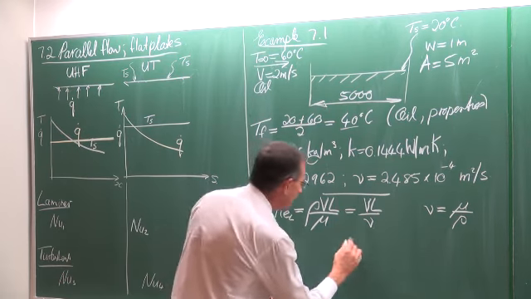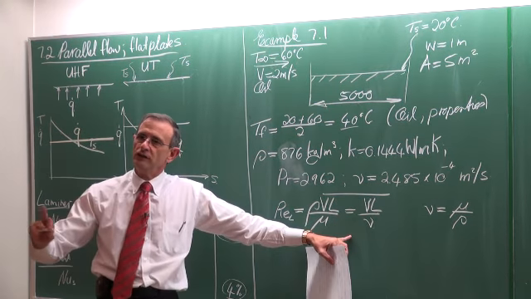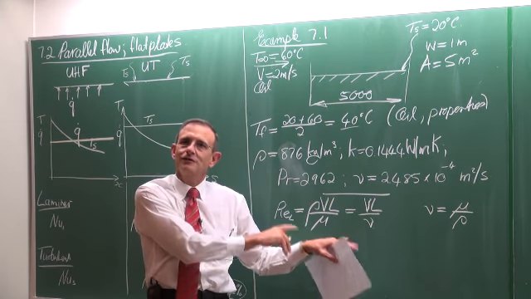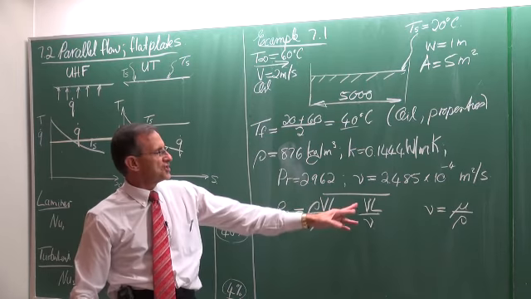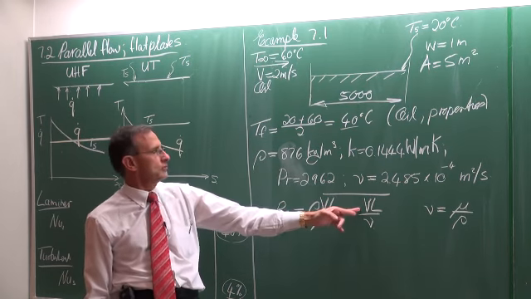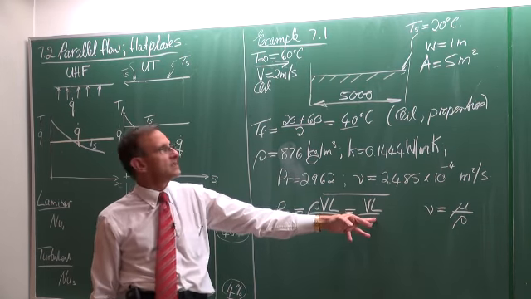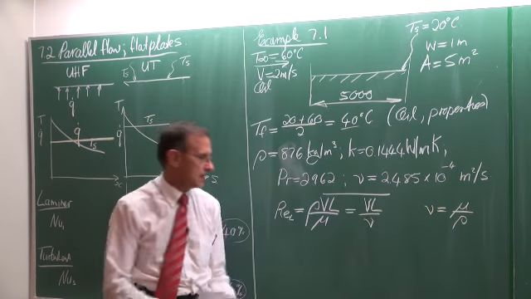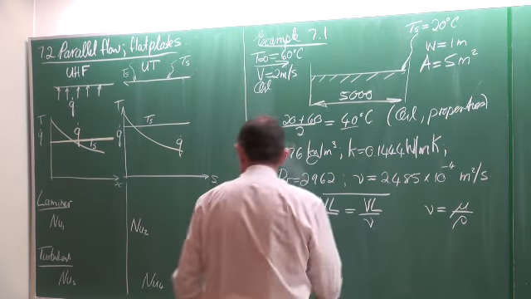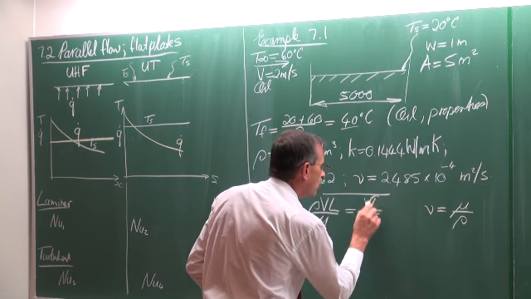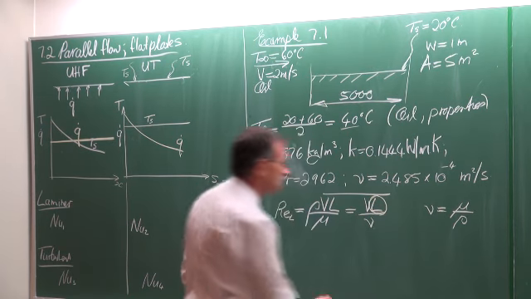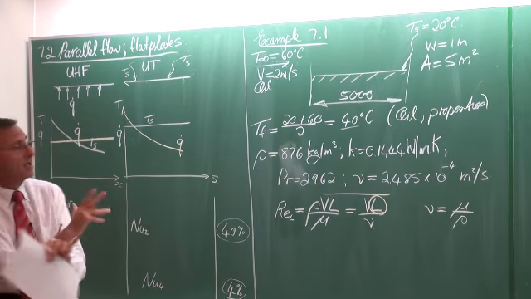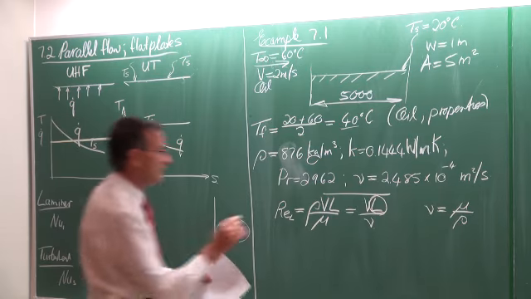Because this is so elementary, I'm not going to put in all the values. The velocity is equal to 2. The length of the plate is 5. The kinematic viscosity is that. The only important issue at this stage is the length, and I'm going to come back to it later.